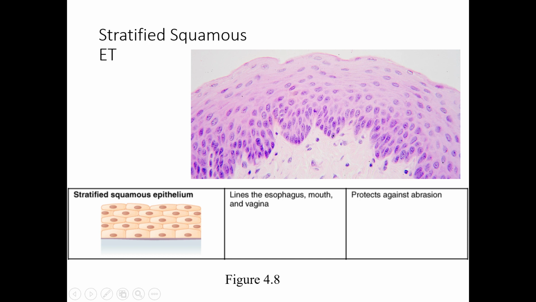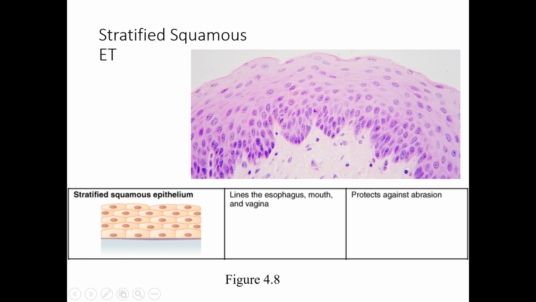If we see that in the top layer we have mostly flat cells, we will call that tissue squamous epithelium. And because there are many layers, in front of the name we will put the word stratified. So many layers of mostly flat cells here on the top is called stratified squamous epithelial tissue, or stratified squamous ET.